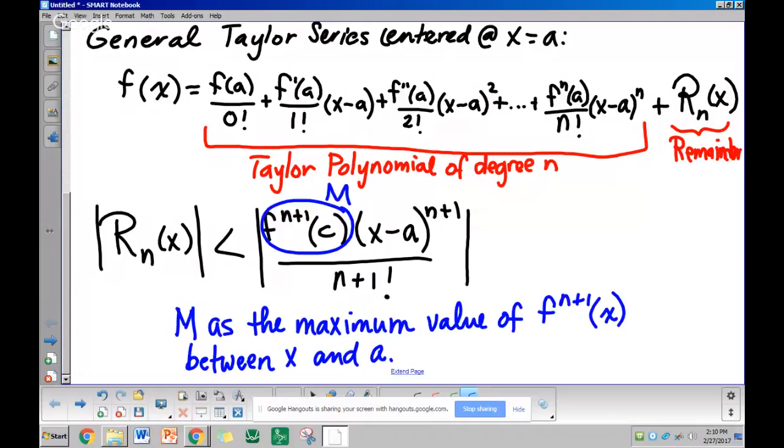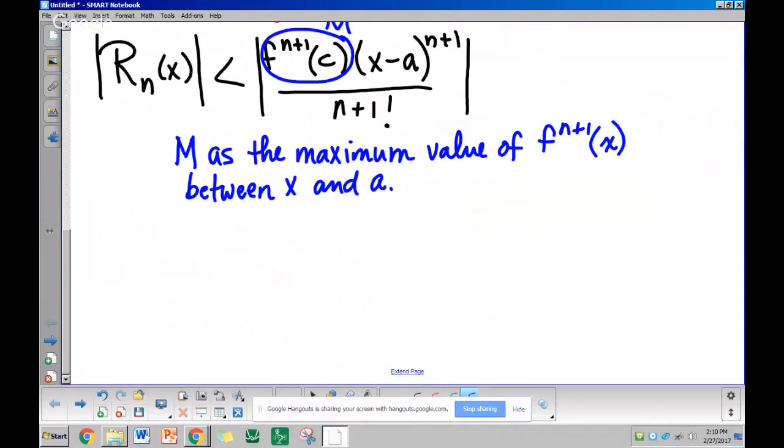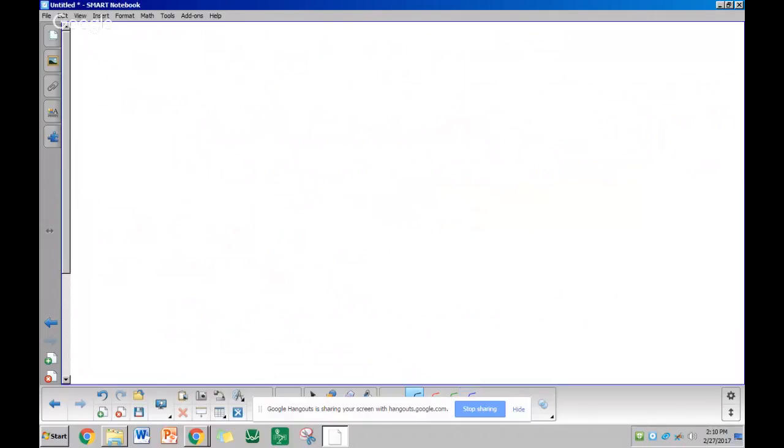So why does all this matter? I want to find the cosine of x. And we know what that is with the series. What would that series be?